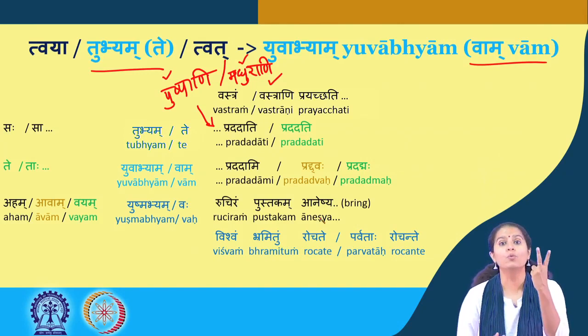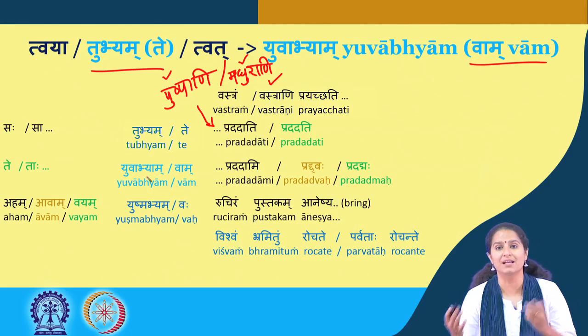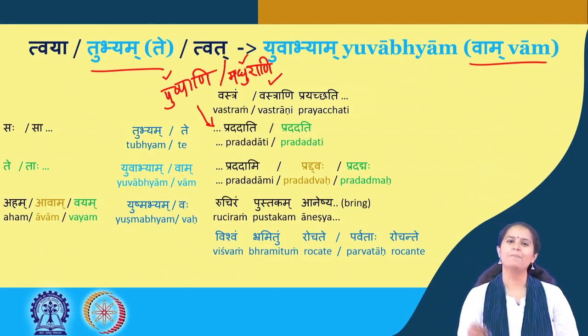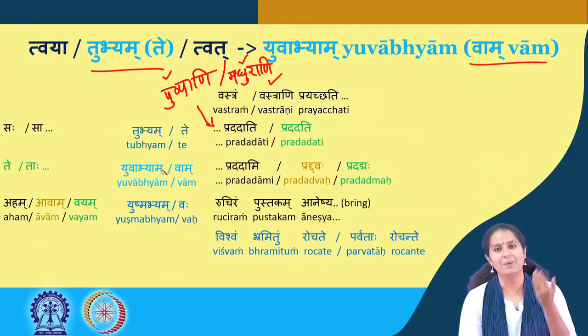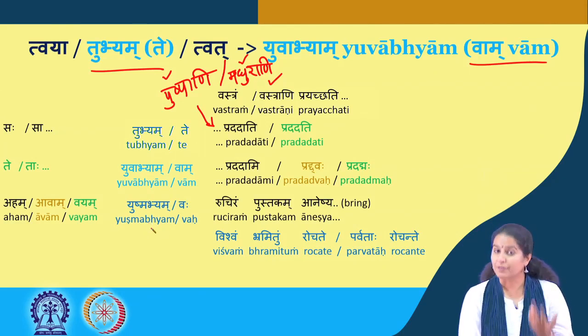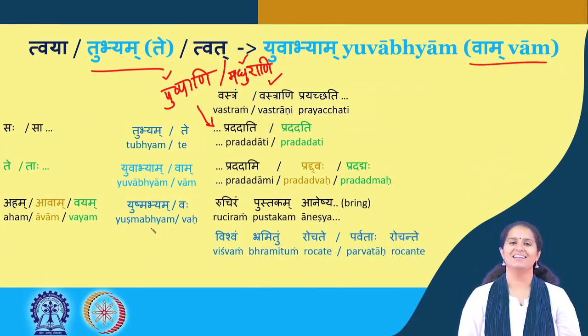For whom? For which two people? And the answer would be Yuvabhyam. If I said Kasmai Ruchiram Pustakam Anayati, the answer would be Tubhyam Ruchiram Pustakam Aneshyati in the future. If it is for two people, Yuvabhyam Ruchiram Pustakam Aneshyati. And for many people, for whom in the plural, it will be Yushmabhyam Ruchiram Pustakam Aneshyati.